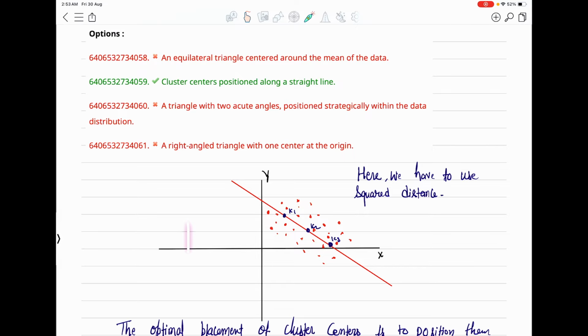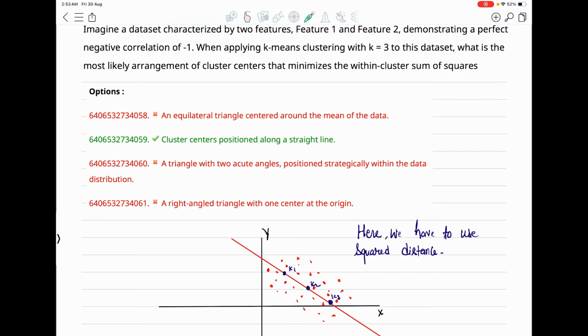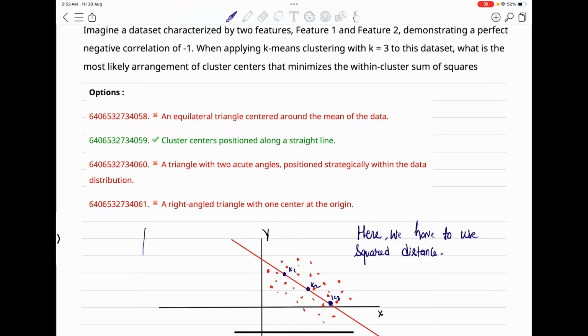So the best arrangement of the cluster centers will be nothing but on the line itself.